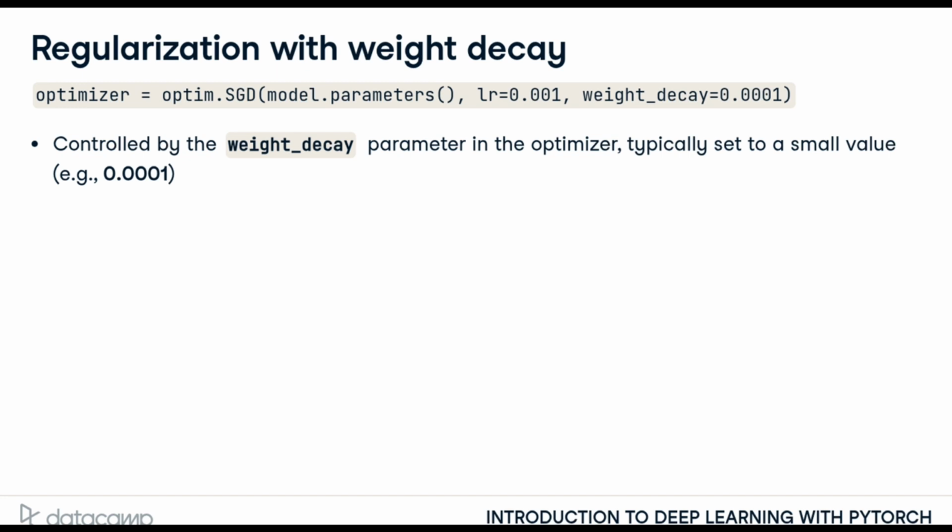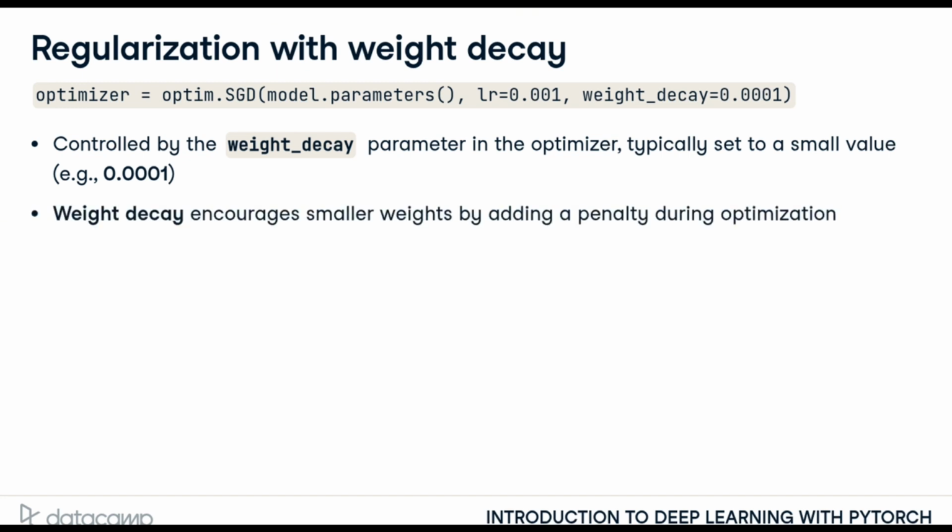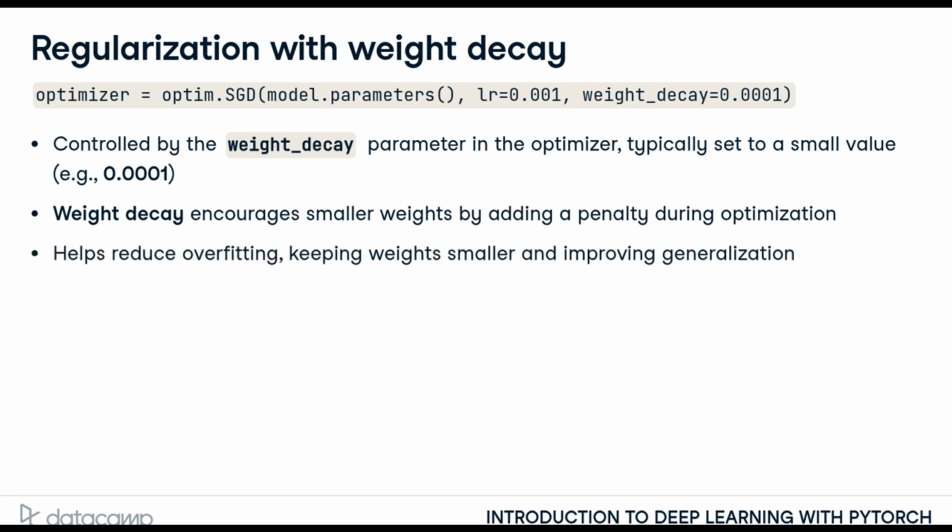This parameter adds a penalty to the loss function, encouraging smaller weights and helping the model generalize better. During backpropagation, this penalty is subtracted from the gradient, preventing excessive weight growth. The higher we set the weight decay, the stronger the regularization, making overfitting less likely.